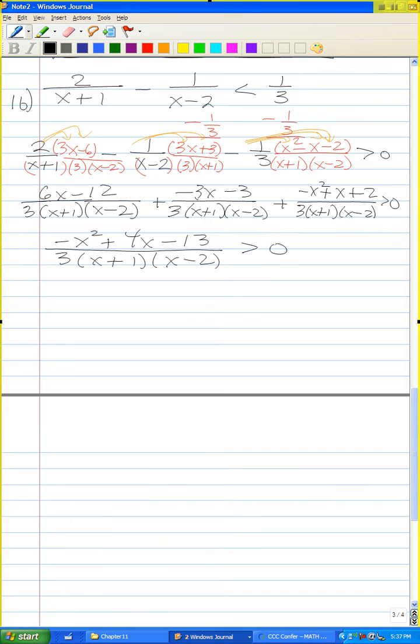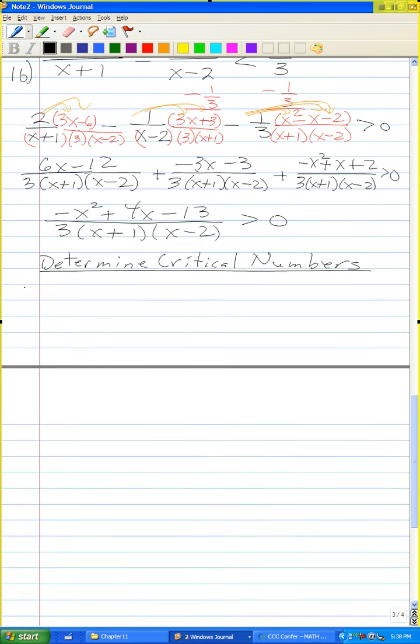Let's determine my critical numbers. Note that the numerator cannot be factored over the rationals. So let's set each factor to 0 and solve for x.